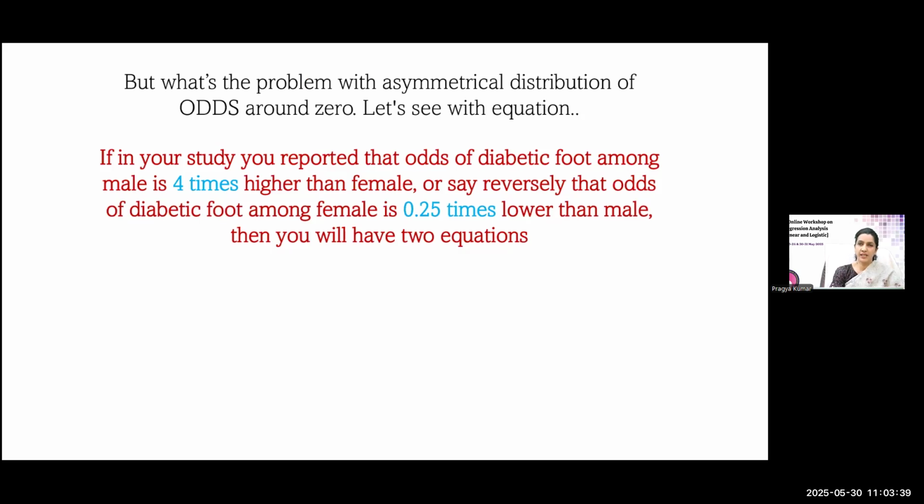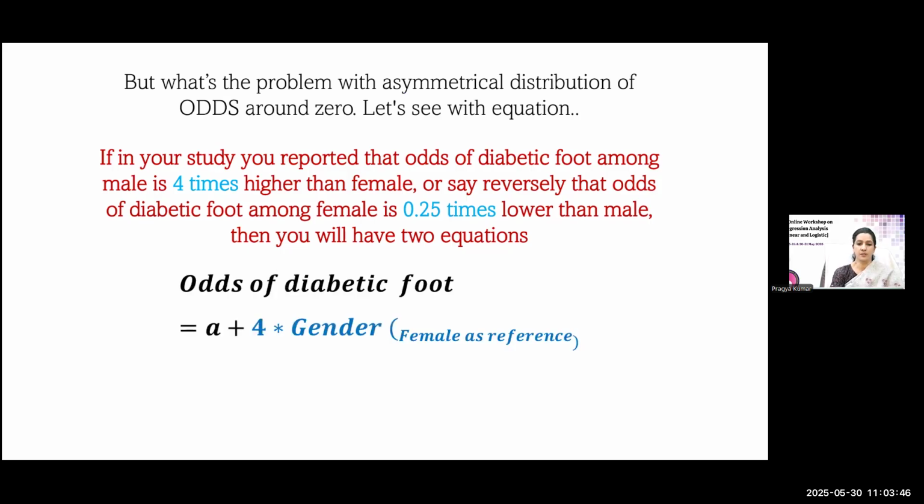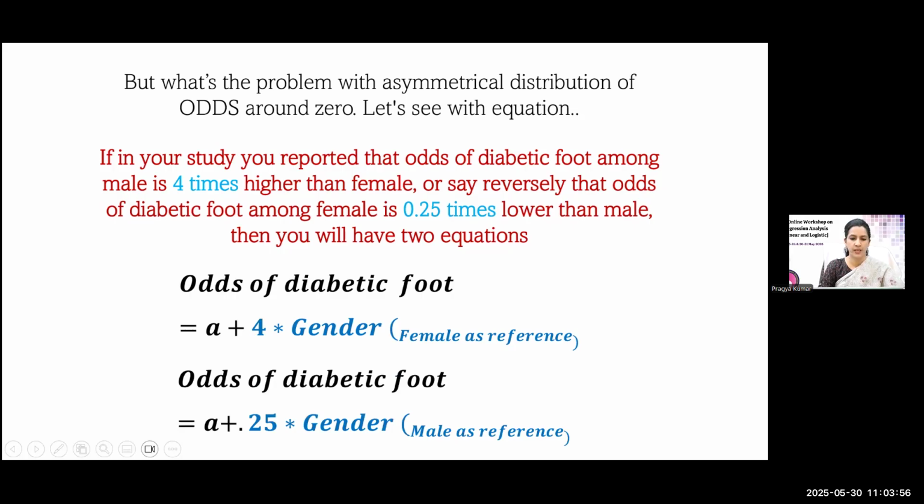If I am taking these odds, I'll have to form two equations. So I will form odds of a diabetic foot: in case I am taking female as a reference, I will put this coefficient as 4. And if I am taking male as a reference, I will have 0.25 as a coefficient.